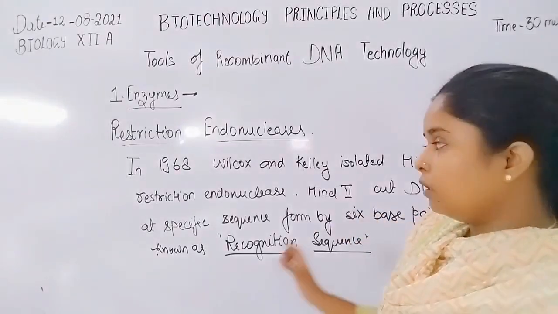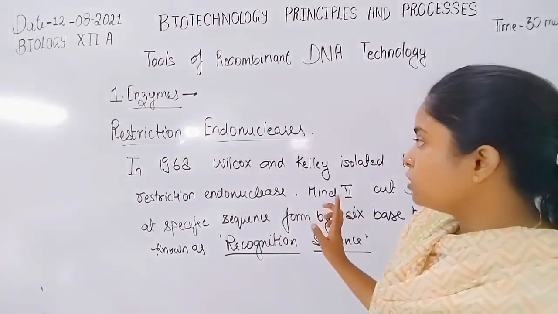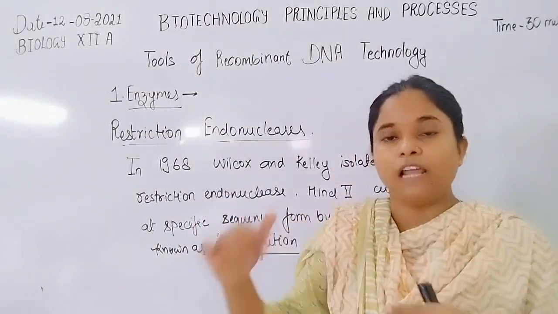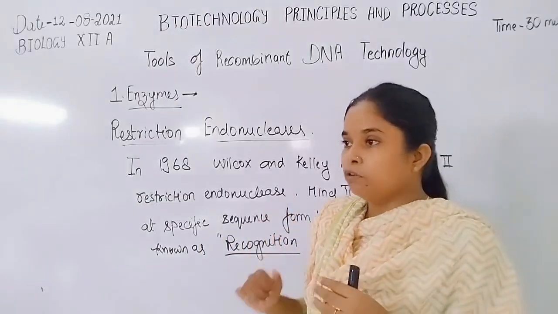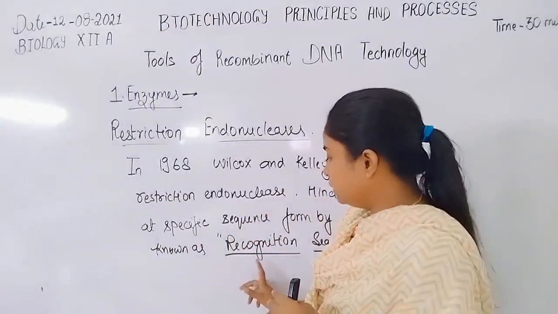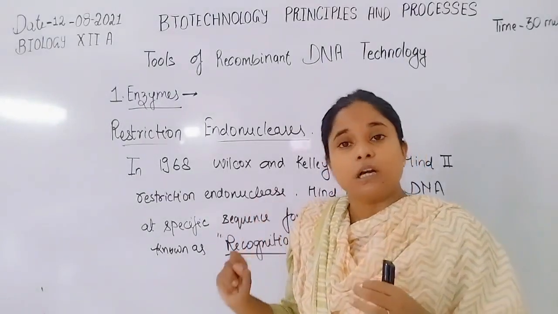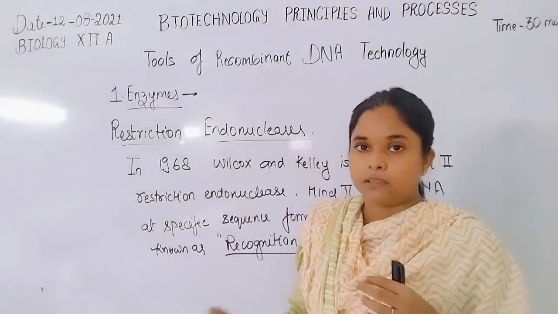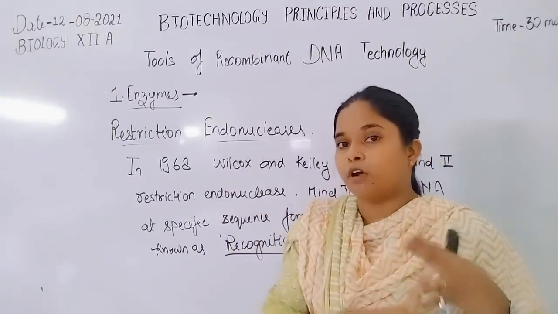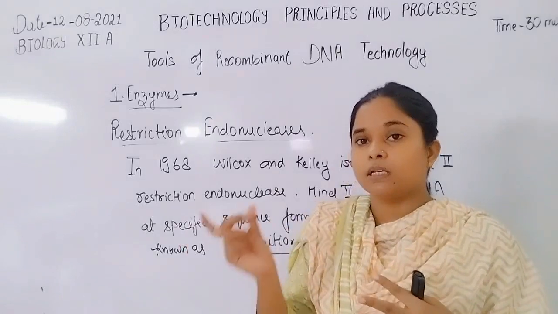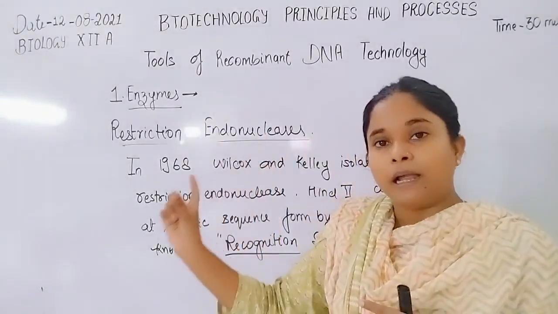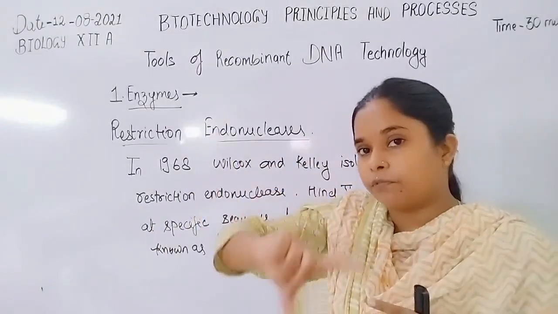When the restriction endonuclease moves over the DNA molecule, it identifies the recognition sequence, which contains a palindromic sequence. A palindromic sequence is one where, when we read from left to right, the sequence is exactly the same as when we read from right to left.